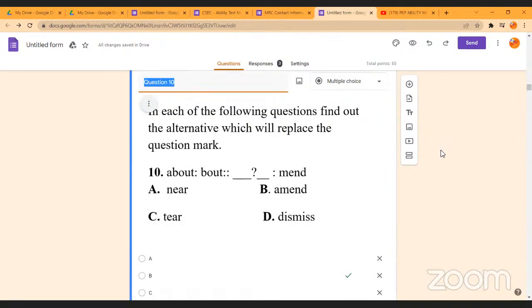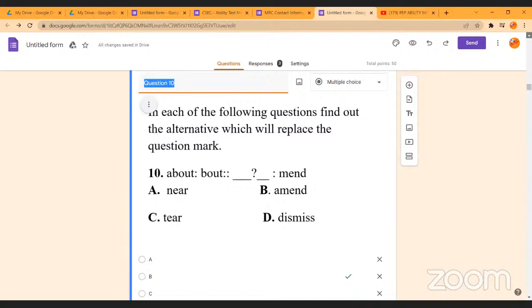Read what they have there first and then read the options. About is to bout, and dash is to mend. Read the options now. A, here. B, amend. C, here. D, dismiss.